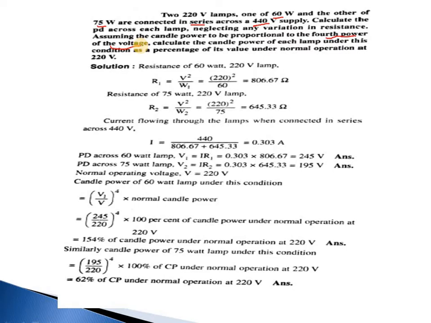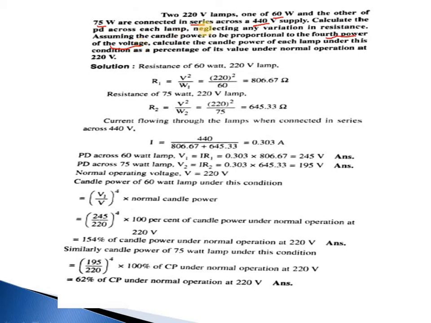Let us start with the problem. Resistance of the 60 watt, 220 volt lamp. We can calculate it from the equation of power. We know that P equals V squared by R, so from there we can calculate the resistance of the lamp.